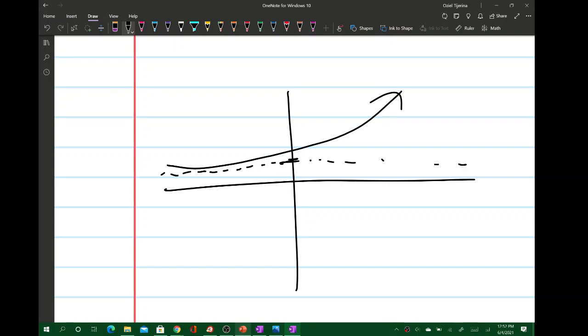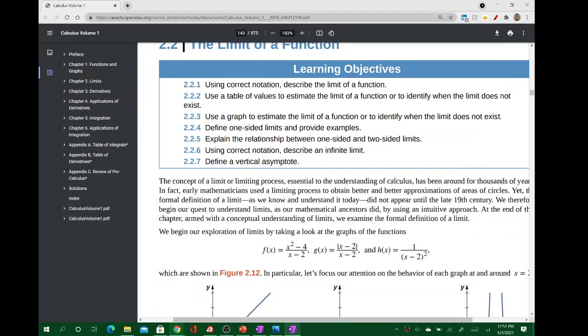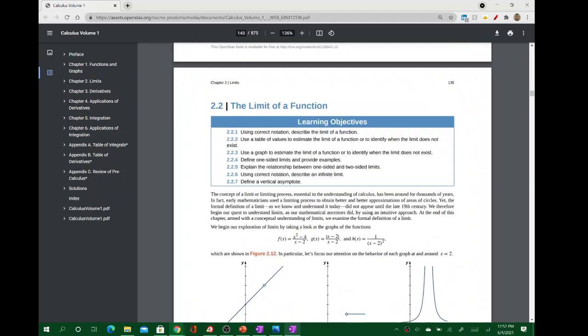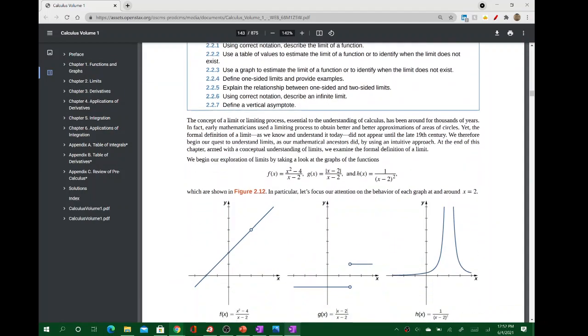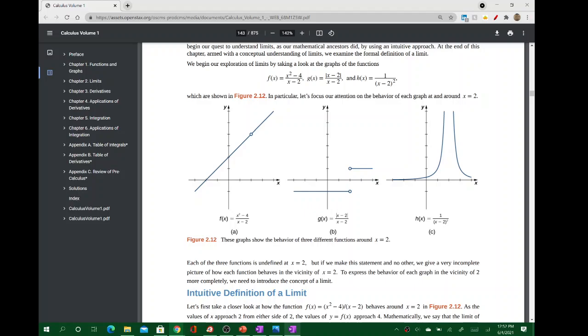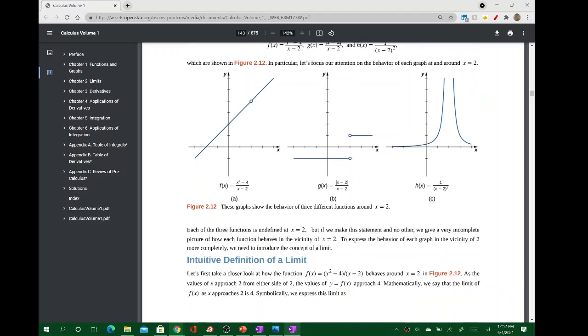Because remember, e to the x, and correct me if I'm wrong, I at least believe it has a horizontal asymptote, because it looks like it's approaching a specific number, right?